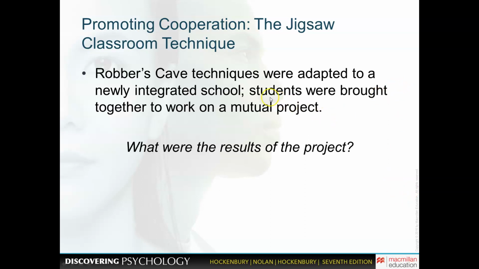In this study, students were brought together to work on a mutual project, so they were cooperating. Remember, when individuals start to cooperate, they tend to see a little bit less of those people and start to view everybody as we instead of they.